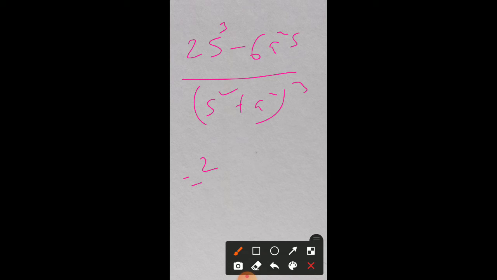If we solve it, it will be twice s cube minus 6a square s upon s square plus a square whole cube.